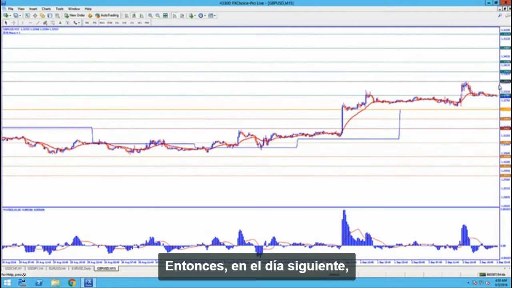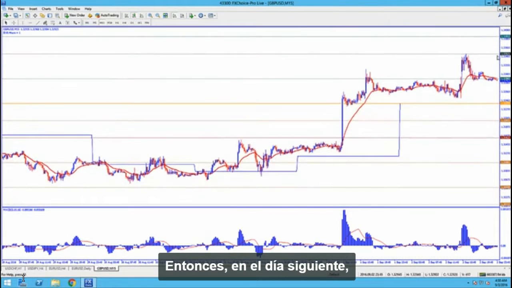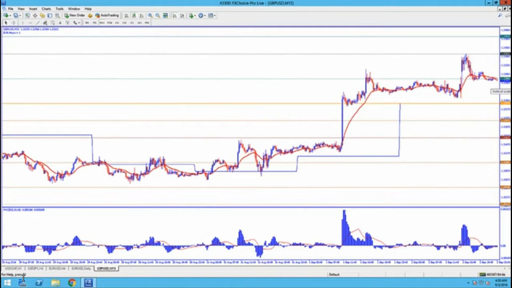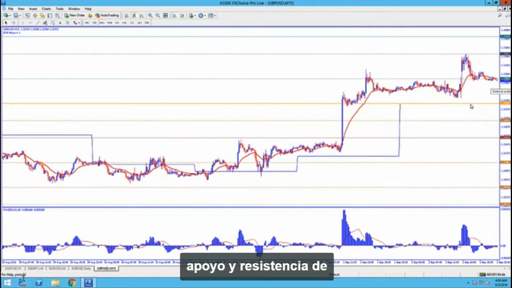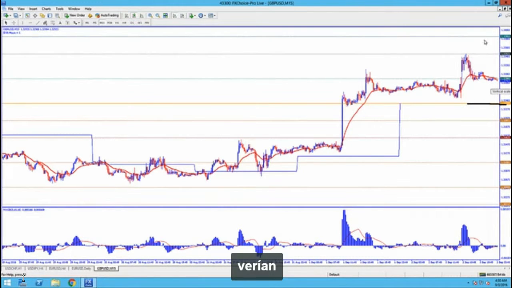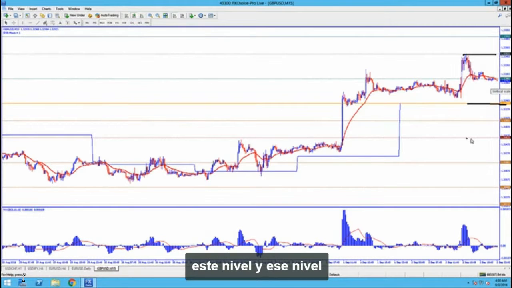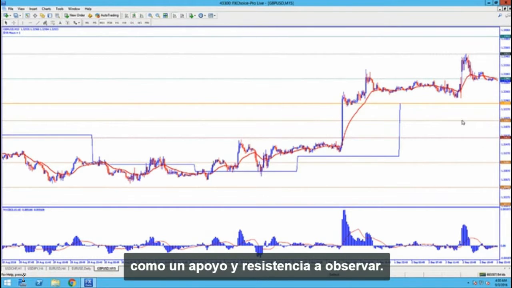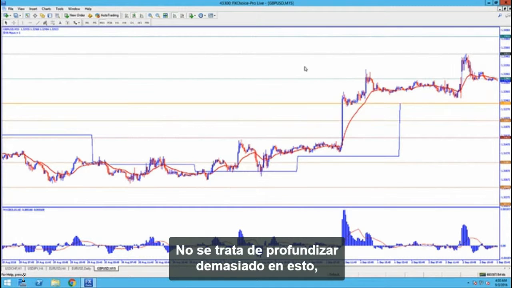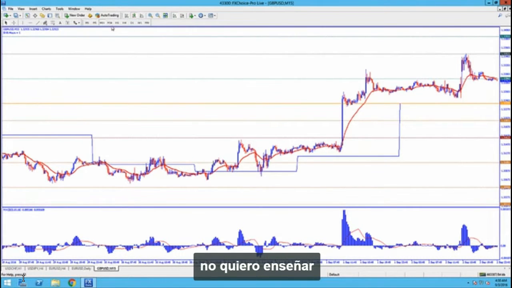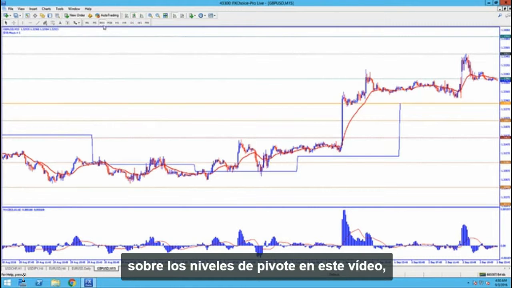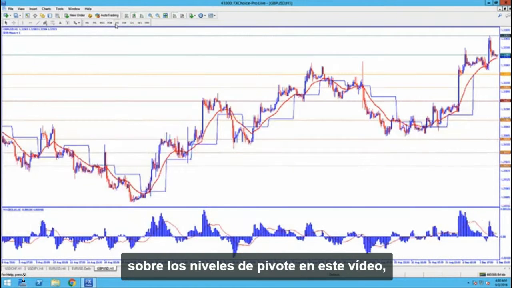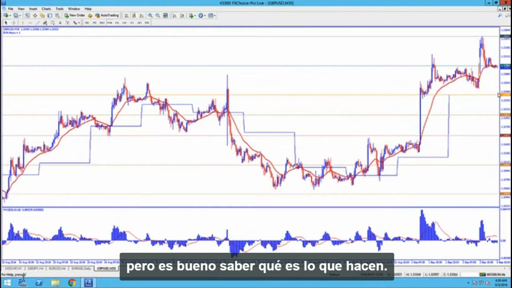So going into the next day, looking at support and resistance from the prior day, you would look at this level and that level as support and resistance to watch. Not to get too deep into it here, I don't want to teach about pivot levels on this video, but a good thing is to know what they do.